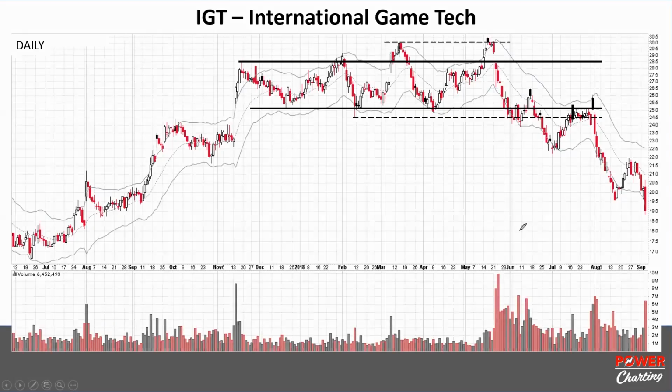This is a real interesting case study, International Game Technology, and it has a very pronounced climactic run. And prior to that is a preliminary supply, which may come into play later. And then notice this is a very common occurrence.